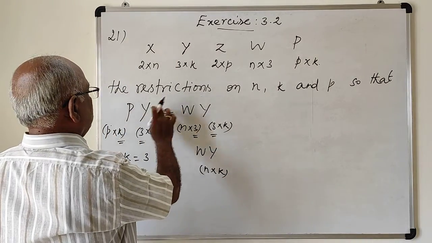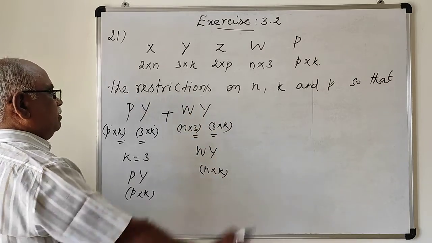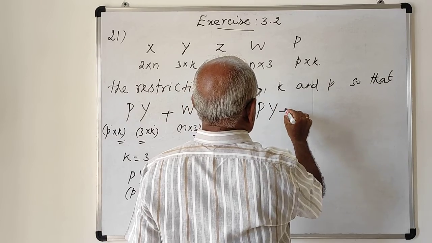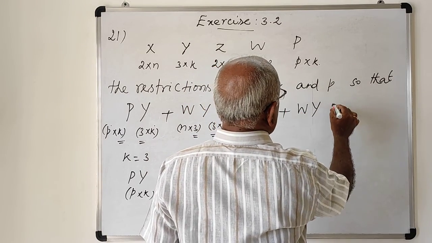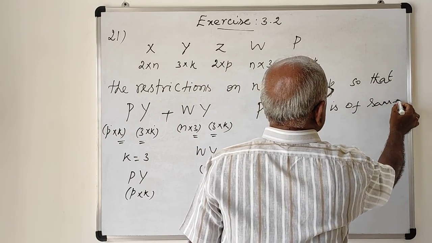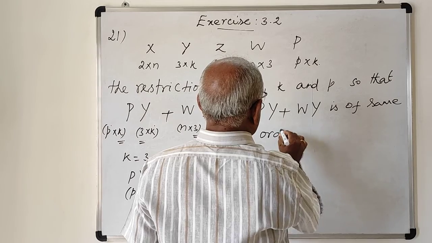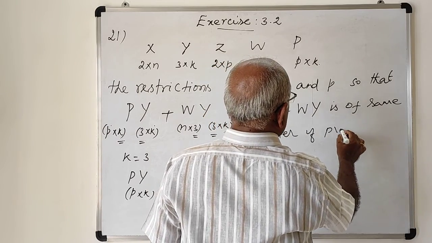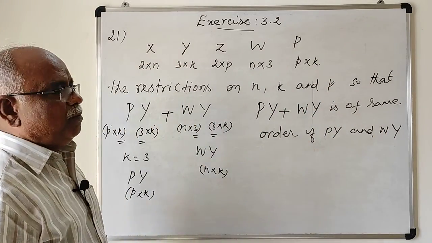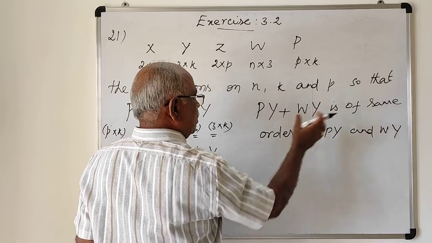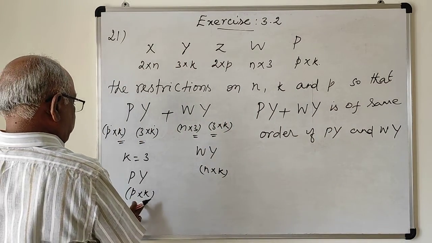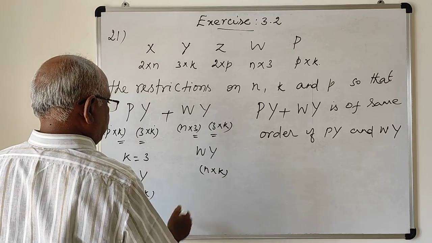We know that Py plus Wy must be of the same order. Py is p into k, Wy is n into k.